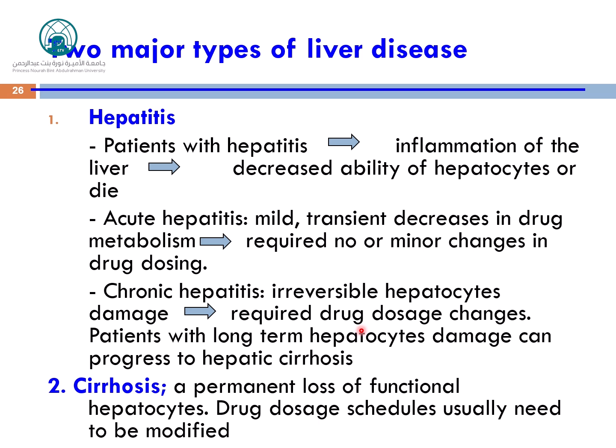Patients with long-term hepatocyte damage can progress into hepatic cirrhosis. So we start with a mild inflammation of hepatocytes, which needs no dose adjustment. Then we switch to chronic hepatitis, where there is a need for dose adjustment, ending up with hepatic cirrhosis, where there is permanent loss of the functionality of the hepatocytes, permanent.